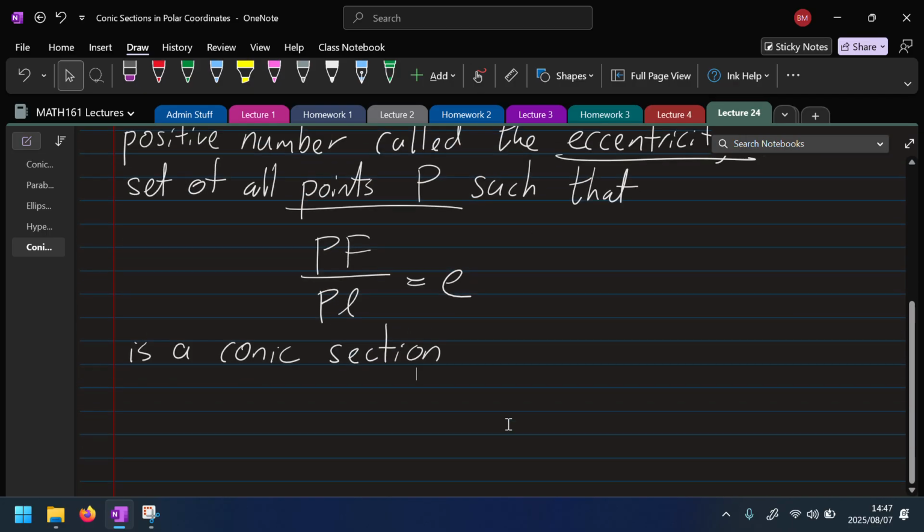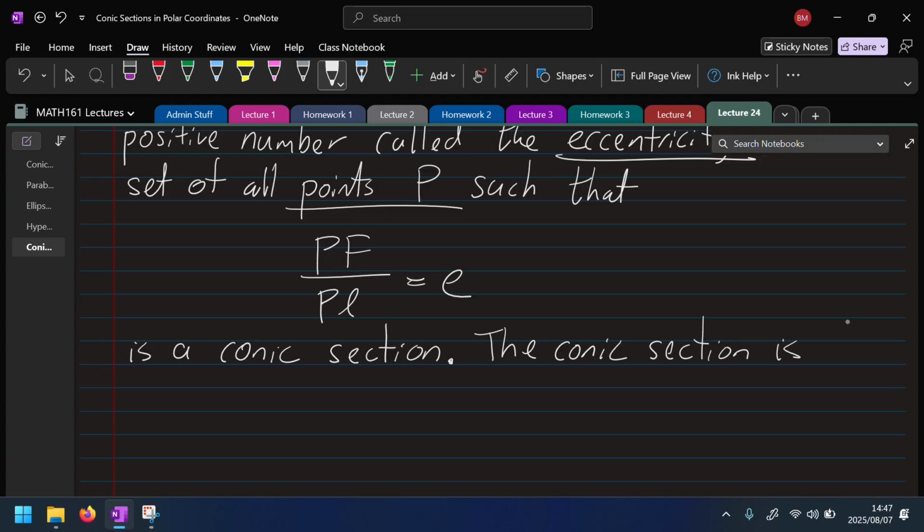Okay, so again, we won't prove this in general. We'll do one example, just showing it. So it's a conic section. Okay, and then we got the three cases.